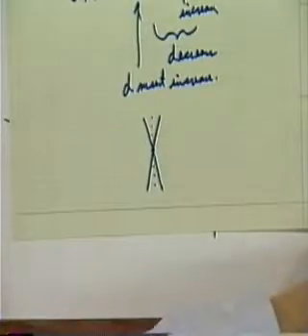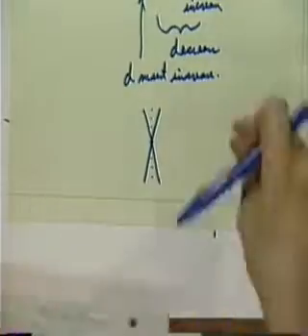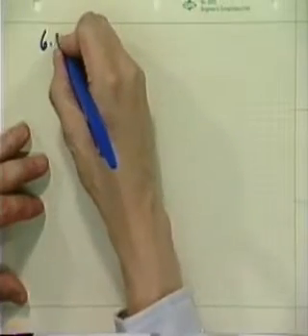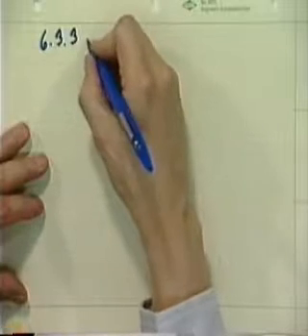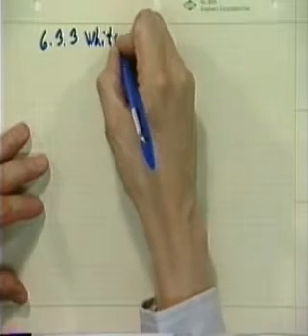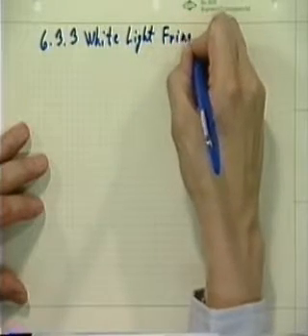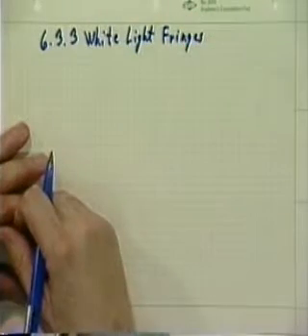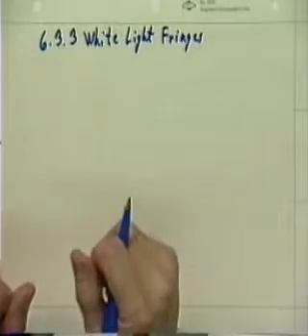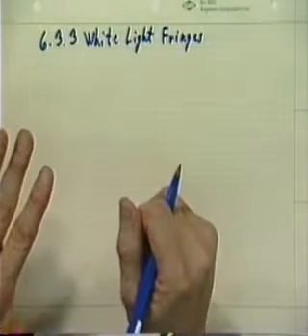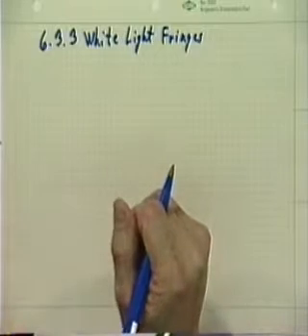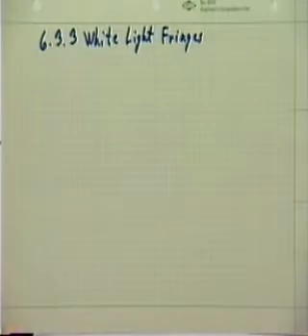And that actually takes us to our very next topic here, which is white light fringes. So what we're going to do now is tilt the mirrors to get fringes of equal thickness.